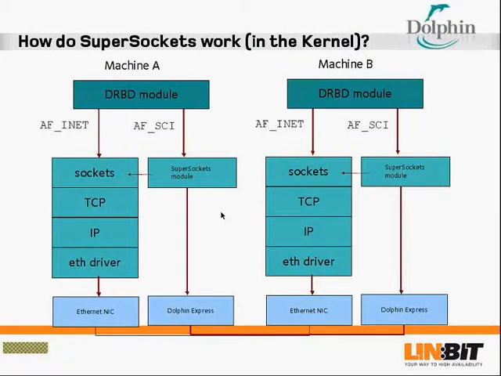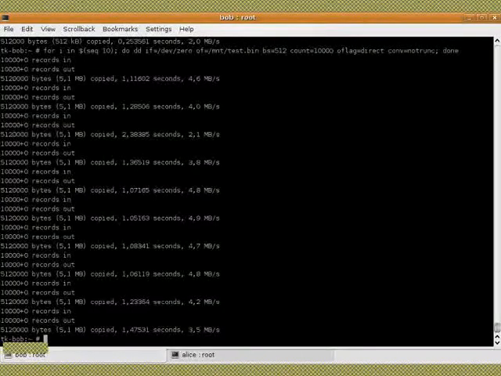Now, the nice thing is that what we can do, and this is what we've introduced in DRBD 8.2.7, is replace this entire Ethernet, IP, TCP socket stack with just the SuperSocket implementation from Dolphin, which very, very efficiently uses the Dolphin Express hardware stack to transfer or replicate data over to the peer node, not having to go through all of these encapsulation steps that I previously mentioned, and basically ship those replication payloads very directly and in a very straightforward manner over to the peer machine. And this is, as I said, what we just introduced in DRBD 8.2.7.